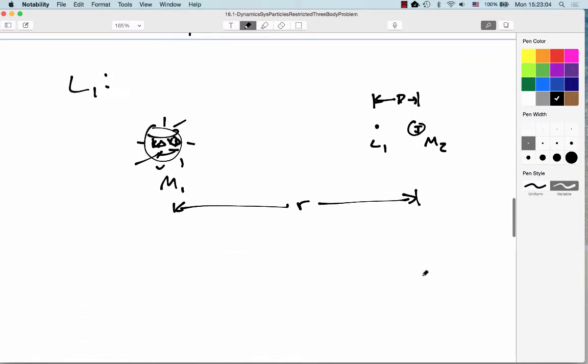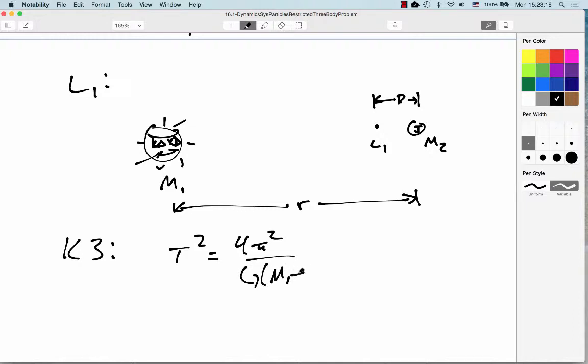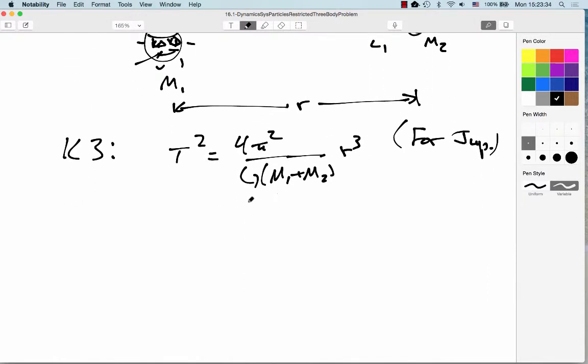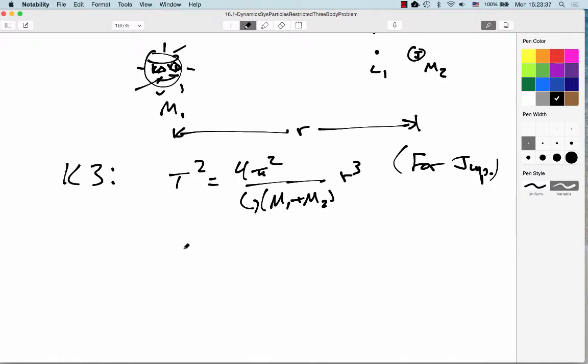So if we go and look at Jupiter here, from Kepler's third law, we can write that T squared equals 4 pi squared over G. And remember, we have to have the mass of the sun plus the mass of Jupiter added together, times R cubed. So this is for Jupiter. Now let's go ahead and look at some asteroid sitting at L1.